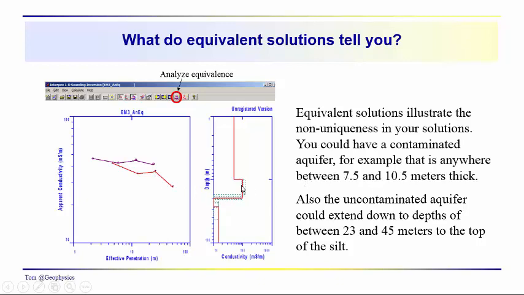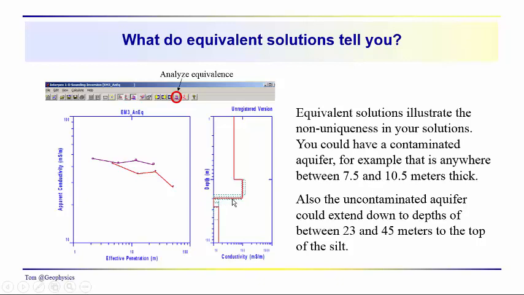And so when we look at this, we see that the contaminated portion of the aquifer could extend from about 7.5 to 10.5 meters in thickness. The depth of the upper part of the aquifer is constrained, right? So we know that it's located at 10 meters beneath the surface.